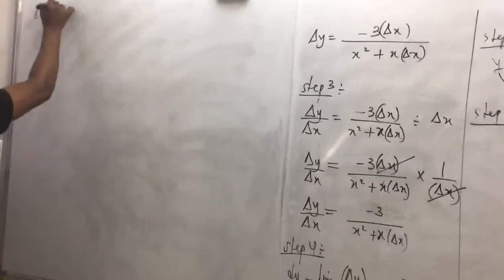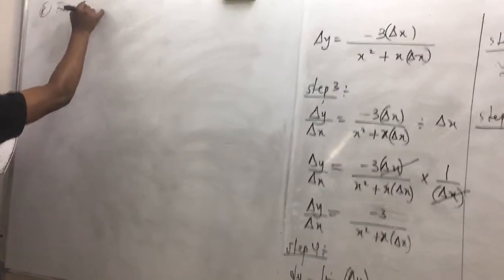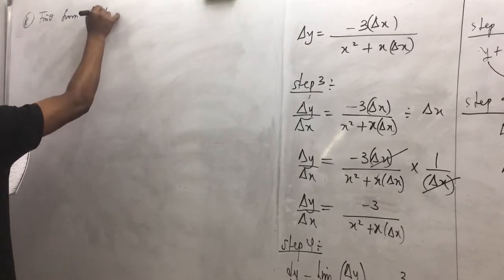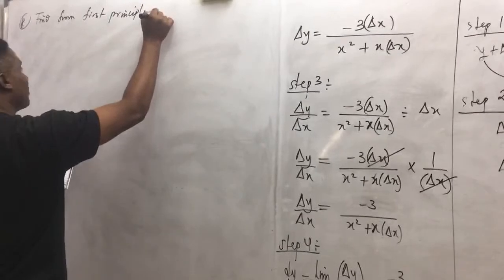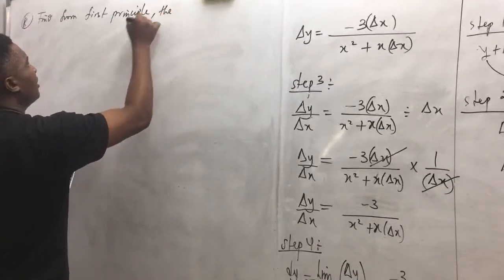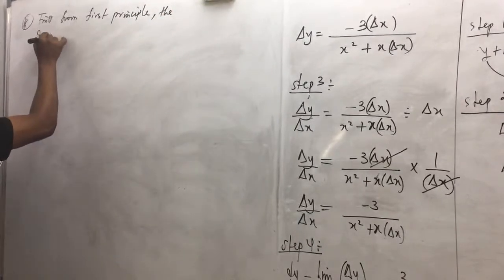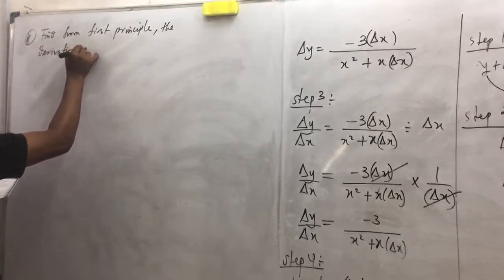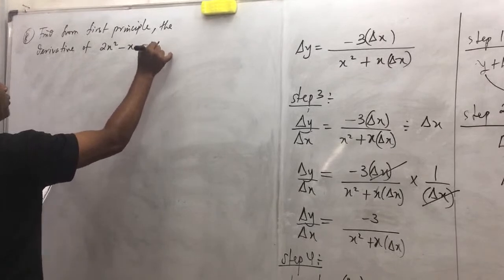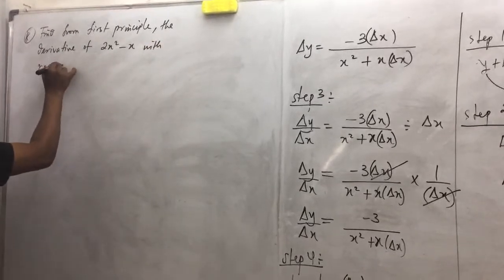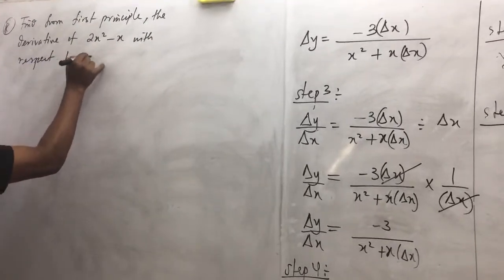So problem 8 says find from first principle the derivative of 2x squared minus x with respect to x.